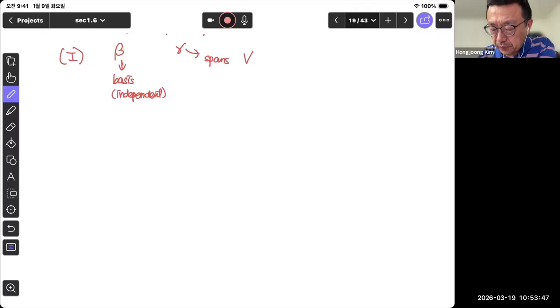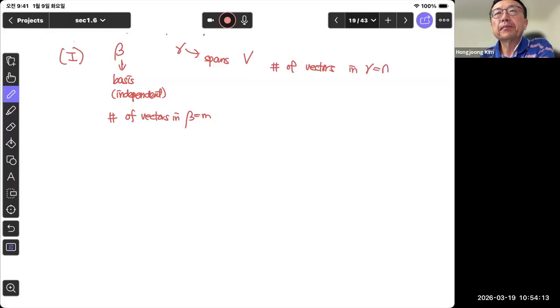Then from the previous theorem, suppose the number of vectors in beta is m, and the number of vectors in gamma is n.